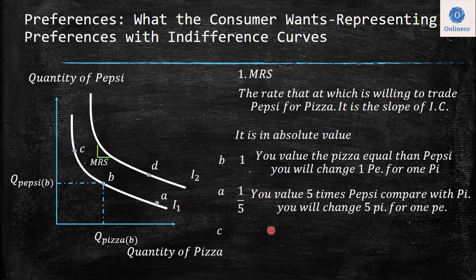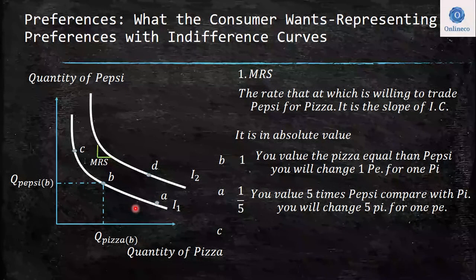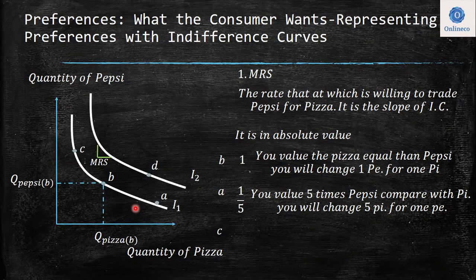Why here at A? You value Pepsi 5 times compared with pizza. You will change 5 pizzas for 1 Pepsi. Why? This is natural. Don't try to learn that by heart. Try to just use logic here. Imagine that you have a huge quantity of pizza, so you have a lot of slices. Naturally, you get thirsty.